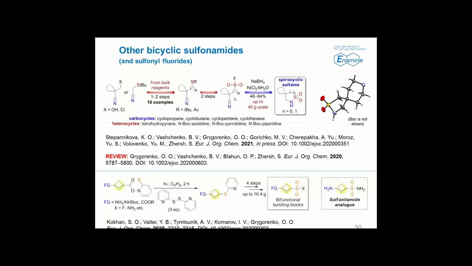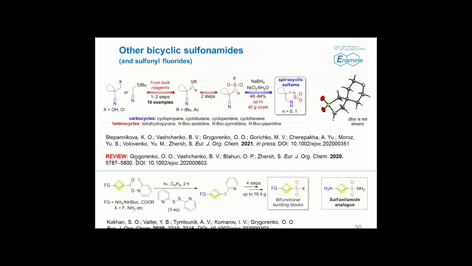In this case, the corresponding sulfonyl fluoride having a nitrile group was obtained, and then after reduction of the nitrile moiety, cyclization occurred spontaneously, so the sultams were obtained with high efficiency. And we have characterized some of them with X-ray structures. You can see that some of them contain additional functional groups, so they are essentially bifunctional compounds.